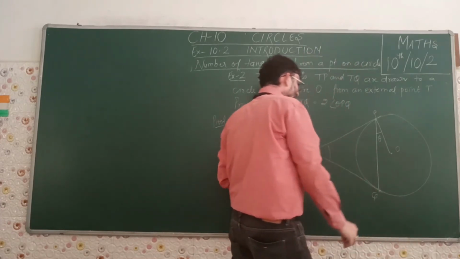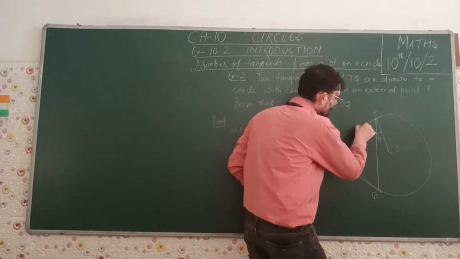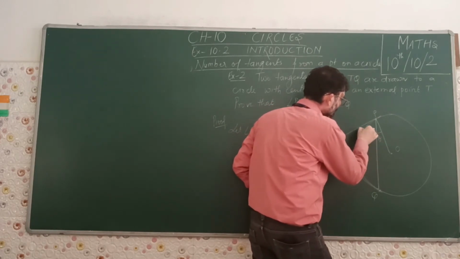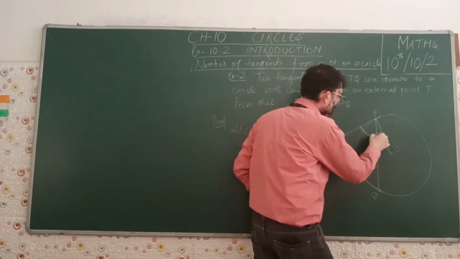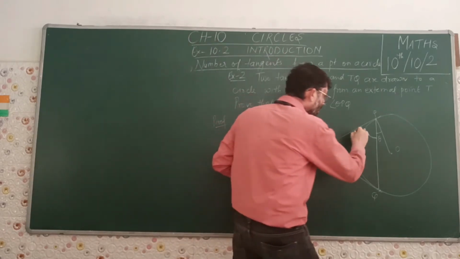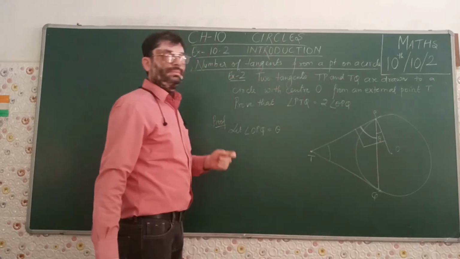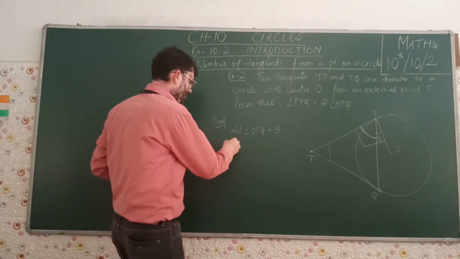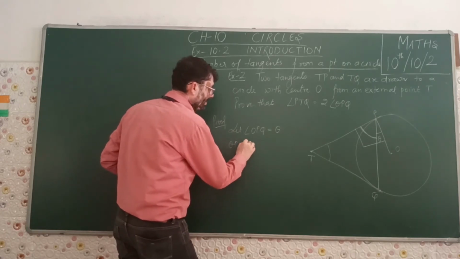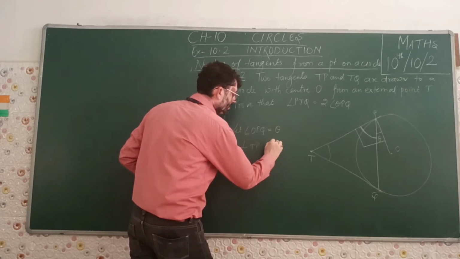Now, we know if this angle is theta, then what will this angle be? This will be 90 minus theta, because OP is perpendicular to TP by theorem 10.1.